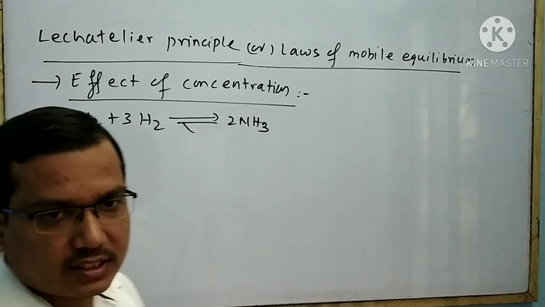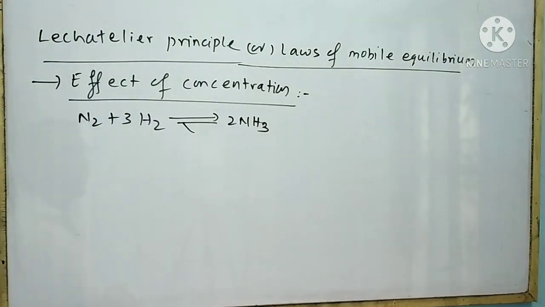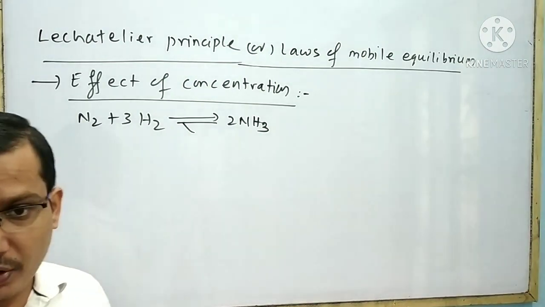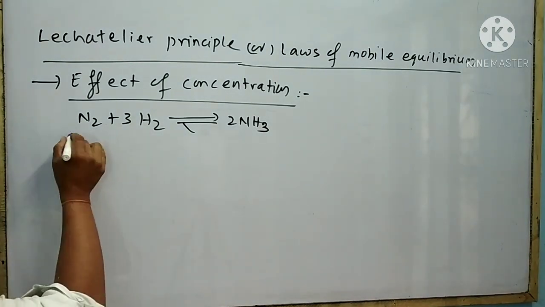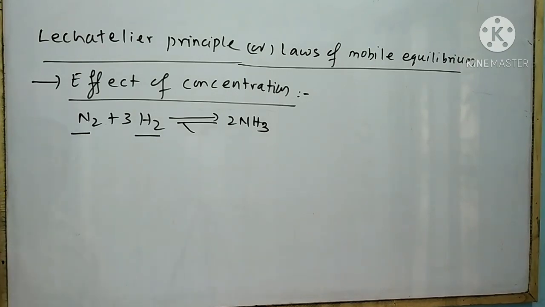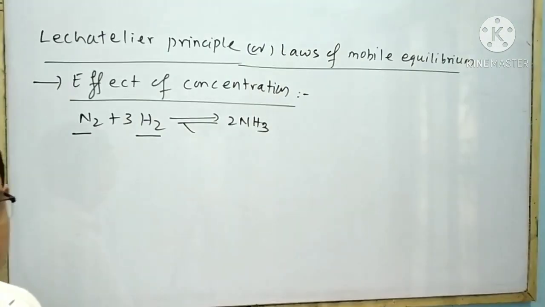So for this reaction, if I need more and more ammonia, then it is bound to increase the concentration of N2 or H2, or increase both. Remember again, for the formation of NH3, we need a forward reaction. For the forward reaction, we generally increase the concentration of the reactant.